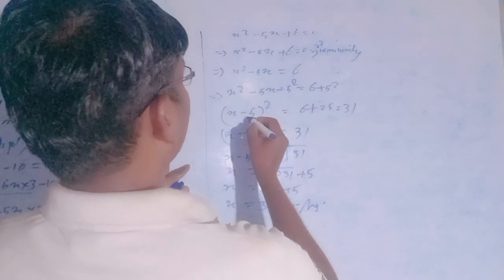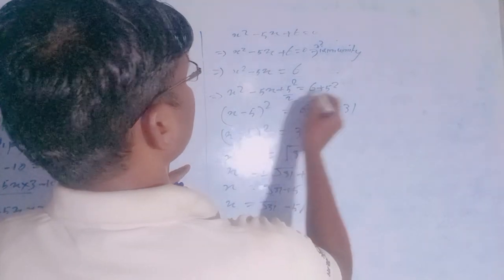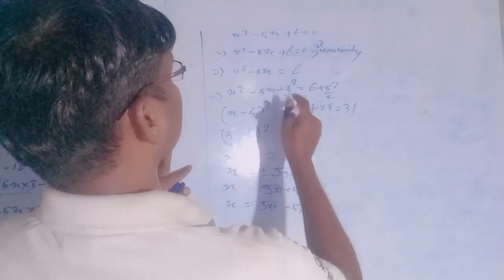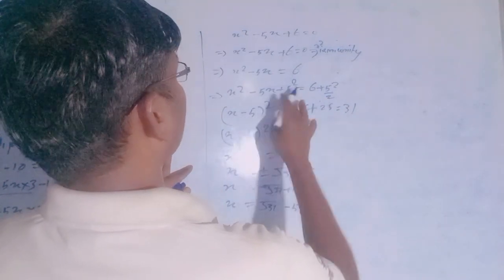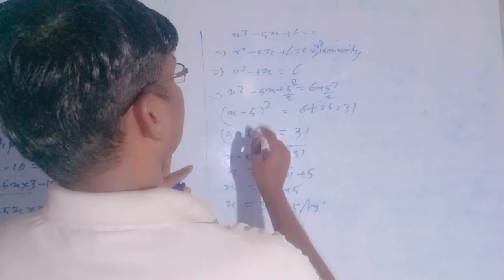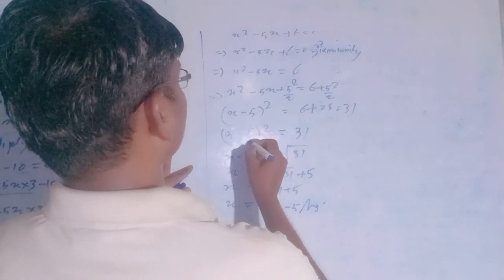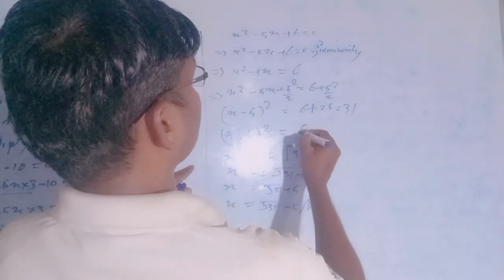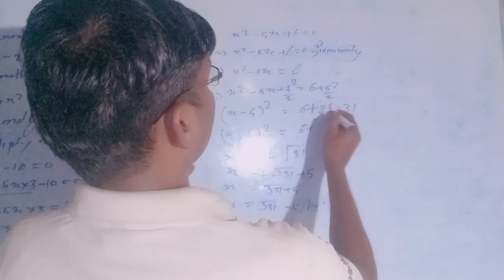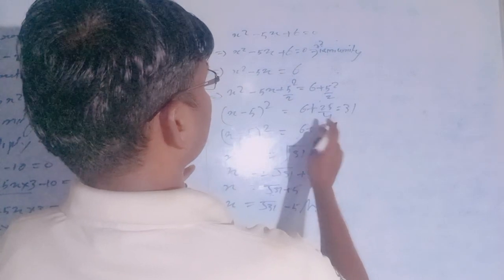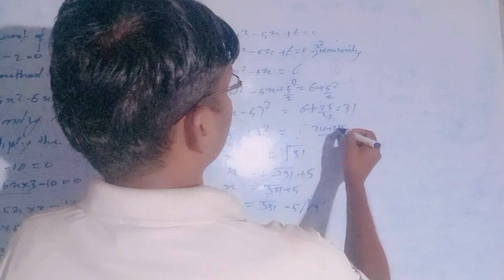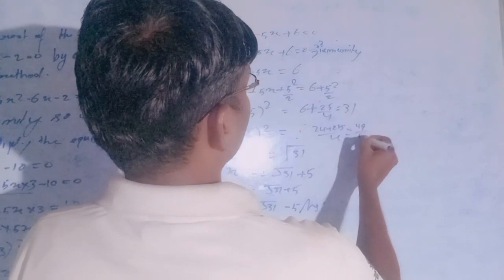So half of the square is here, and half of the square is here, so it becomes 5 upon 2 whole square. So 6 plus 25 by 4, that is 24 plus 25 by 4, is equal to 49 by 4.